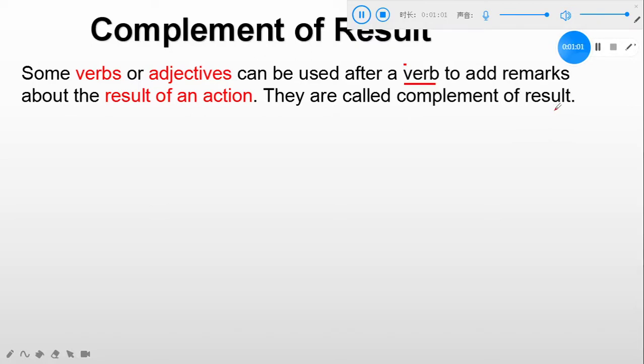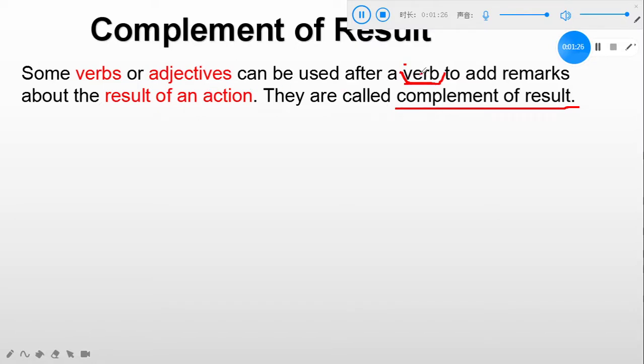So here, pay attention. What is the complement of result? It is a form, and this form contains two parts. In part 1, there has to be a verb. A verb has to be a verb, nothing else. Okay? And after a verb, there should be either a verb or an adjective.